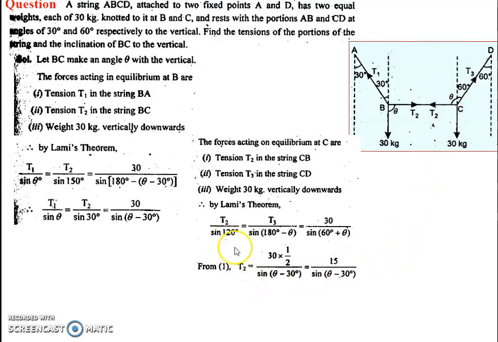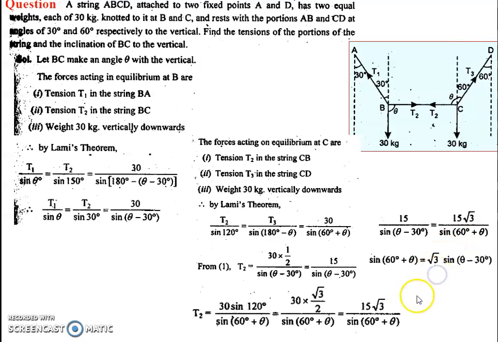So on simplification of this, for T2 we got 15 by sine of 30 minus theta, minus 30 degree, and here also, 15 by sine of theta minus 30 degree is equal to 15 root 3 by sine of 60 plus 30.